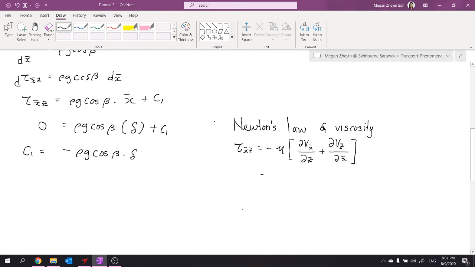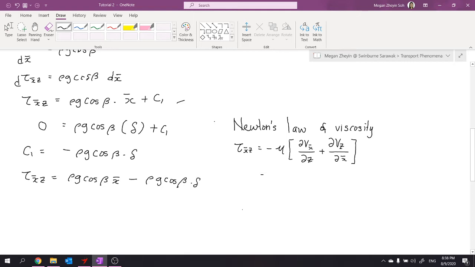So we now have C1, therefore we can substitute C1 back into the original equation. Tau xz equals rho g cos beta multiplied by x bar minus rho g cos beta times delta.